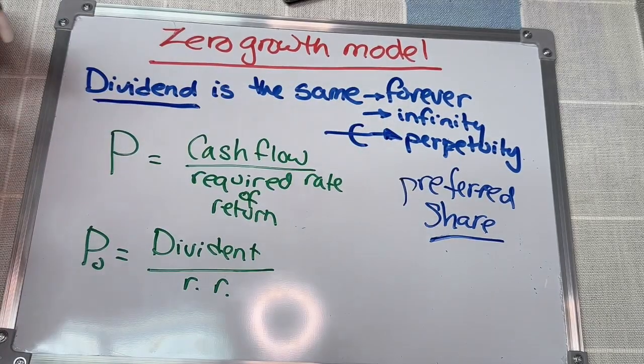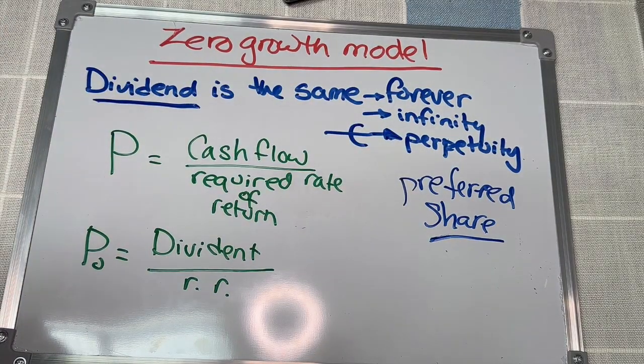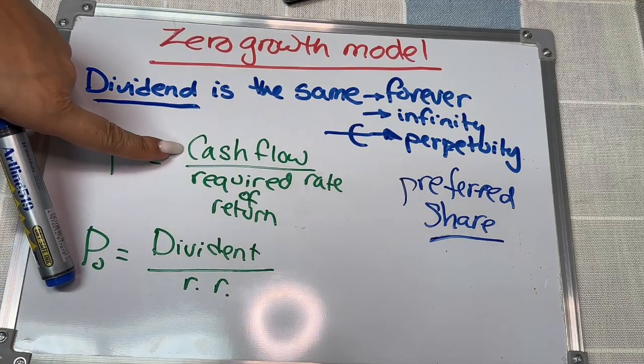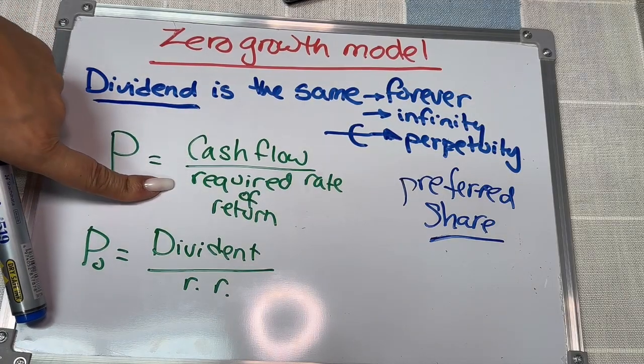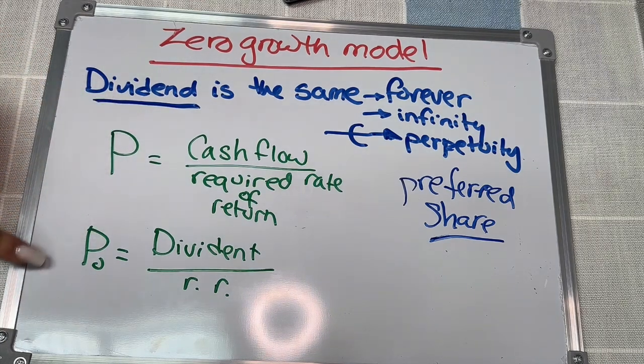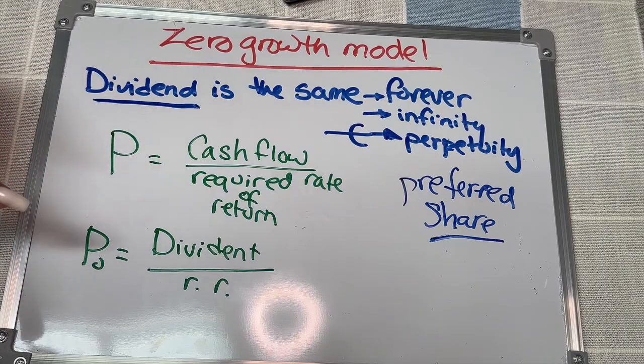Okay, now we taught you in time value of money how to value or get the present value of a perpetuity, which is the future cash flow or the cash flow because it doesn't change over the required rate of return or the discount rate. For the zero growth model, it is the same.